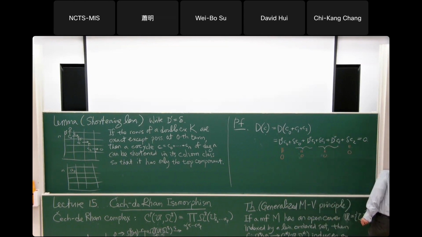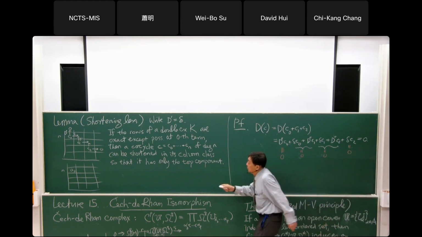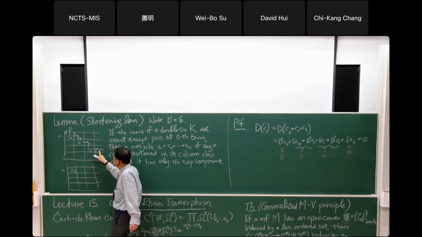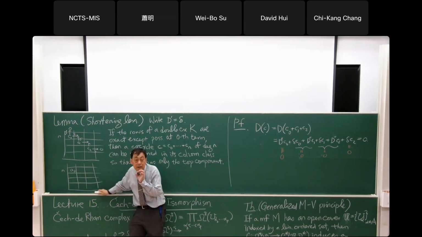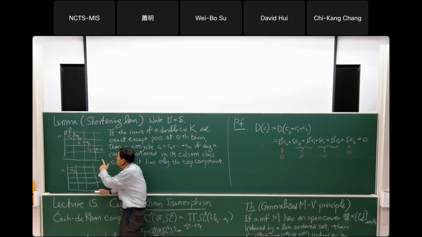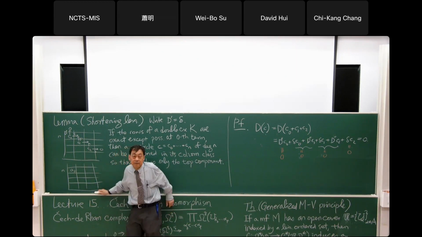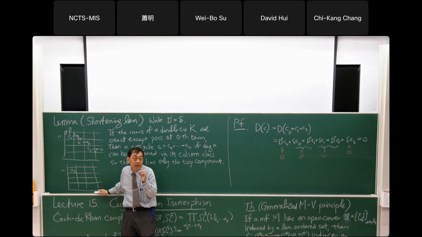Okay? And so, yeah, delta of C0 has to be zero. But the rows are exact. What can you say about this C2? It goes to zero horizontally.